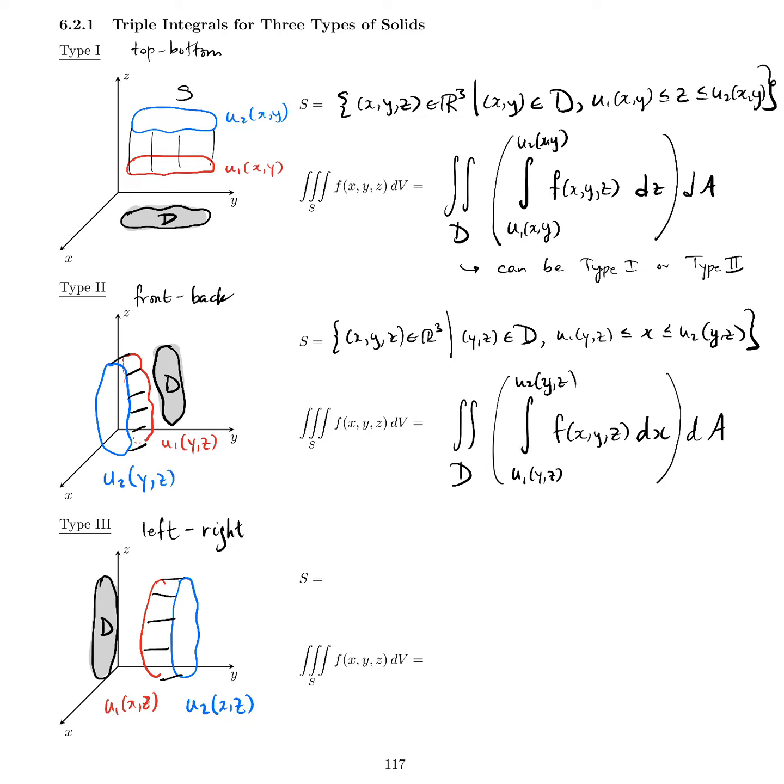So our solid S is described completely analogously: all points x, y, z in R3 such that x and z are in this region D, and u1 of x,z is less than or equal to y is less than or equal to u2 of x,z.